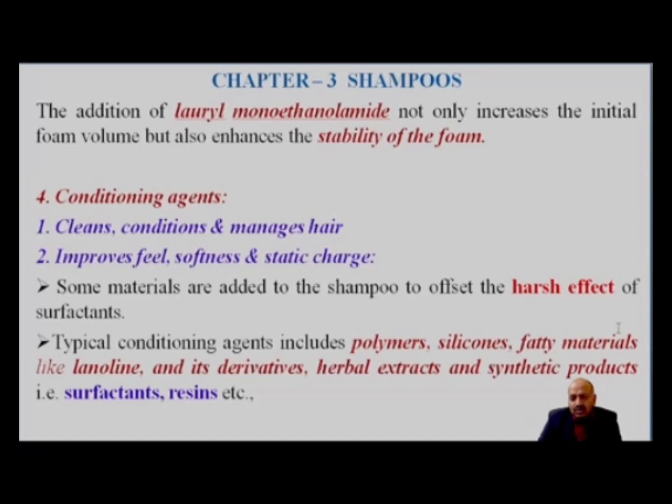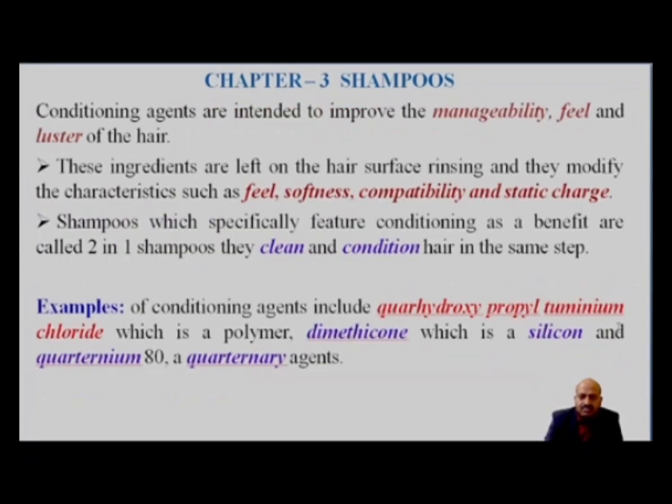Whenever the hair is washed with a shampoo containing surfactants, that may impart harshness or may cause the hair to become harsh. Typical conditioning agents include polymers, silicones, fatty materials like lanolin and its derivatives, herbal extracts, and synthetic products.